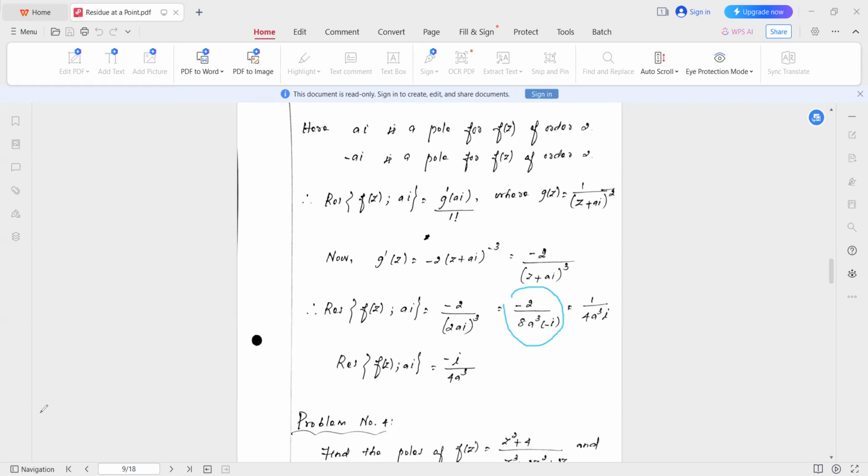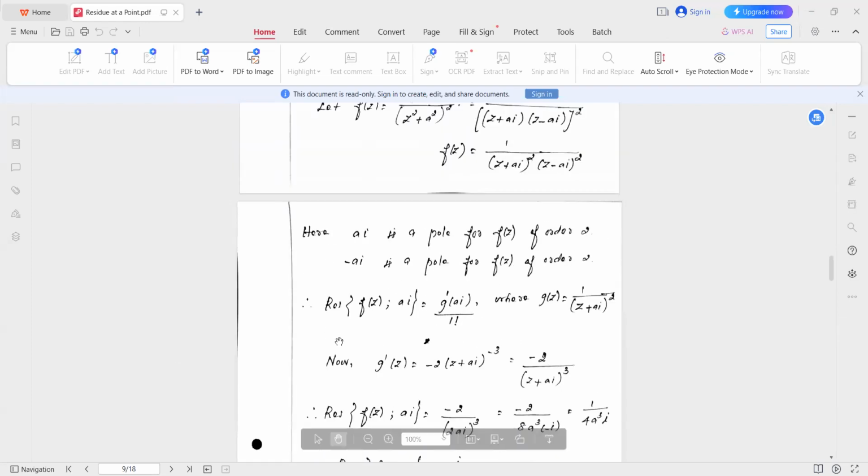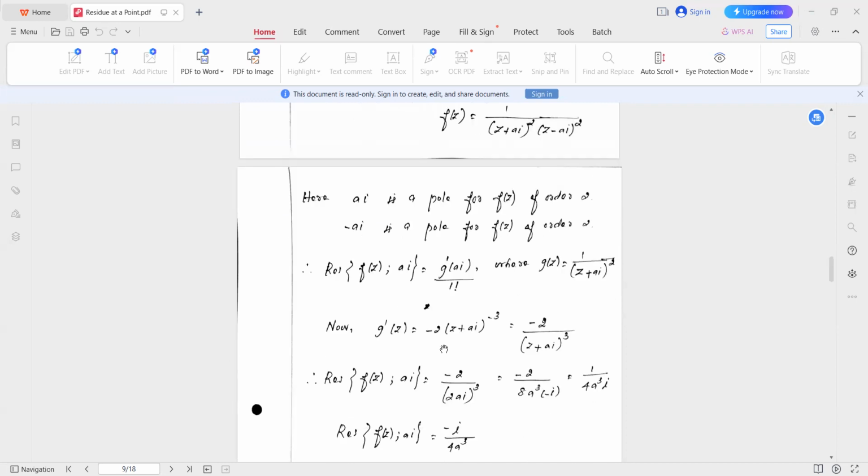So in this problem, we cannot apply the first formula and second formula. We must go with the third only. So according to the situation, we have to wisely use the formula. Since it is a pole of order greater than 1, we must go with that one.